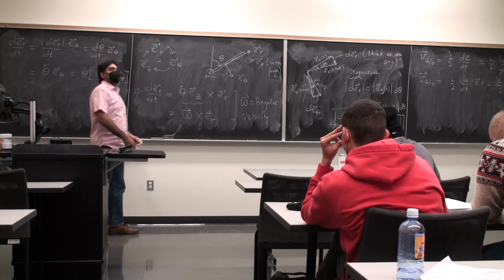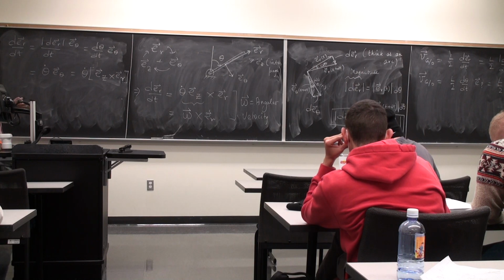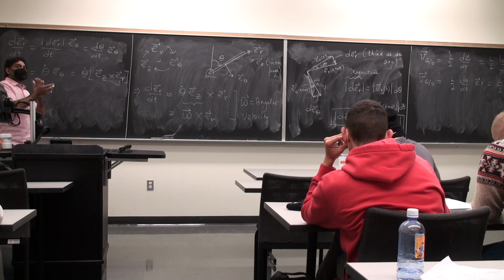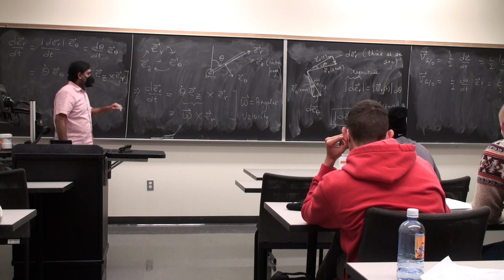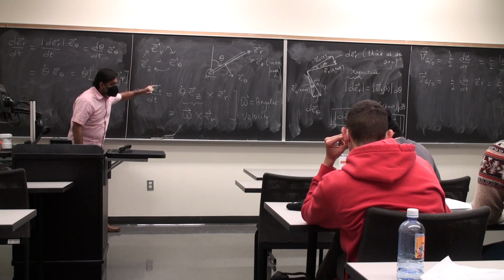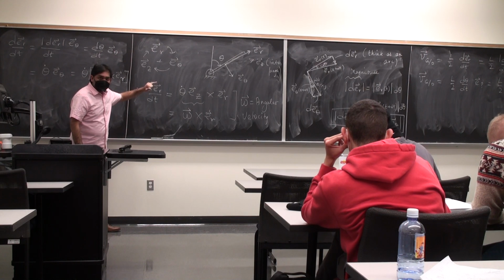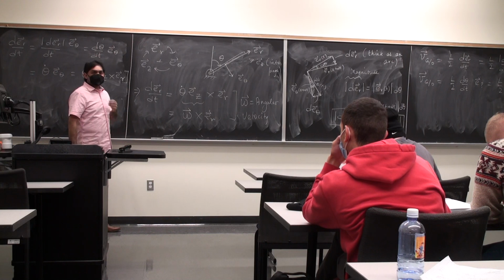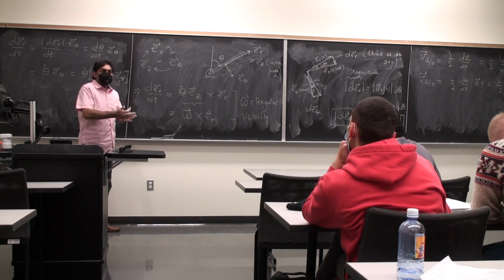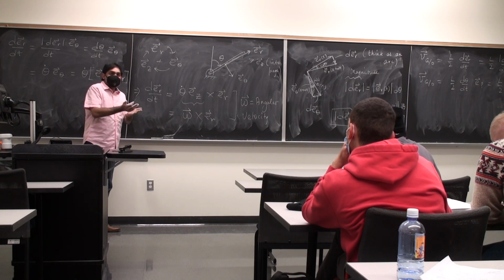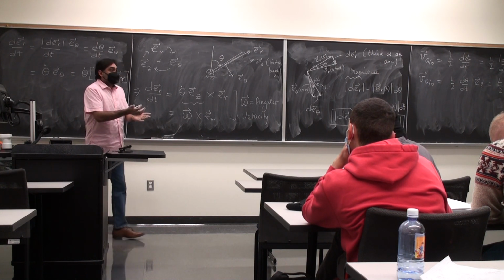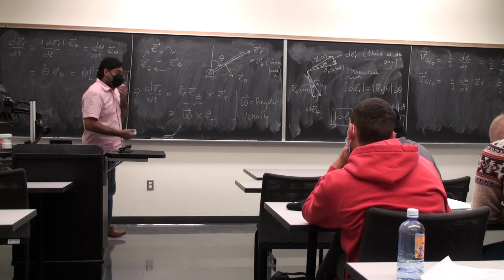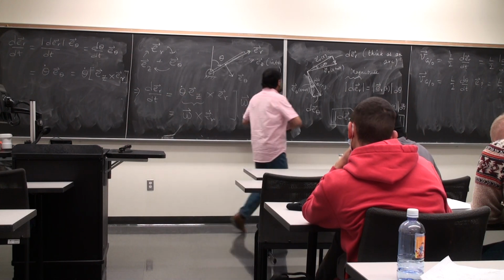Which tells you two fundamental or foundational things. The first thing is that the angular velocity of the body is the angular velocity of the frame attached to the body, because it's a rigid body. You cannot distinguish one from the other. So if I have a rotating frame attached to a rotating body, the angular velocity of the body is the same as the angular velocity of the frame of reference. Okay, so that's something I'll write down here.